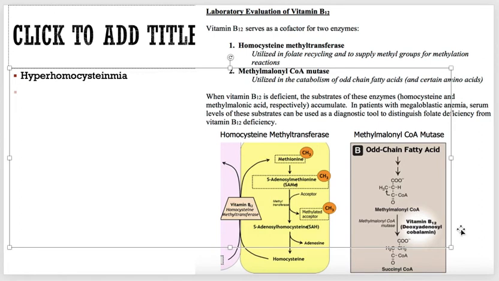So methylmalonyl-CoA is going to build up in the body, and because there should be some degradation, and succinyl-CoA is not formed, it will start being converted into methylmalonic acid, which is called MMA. So methylmalonic acid, MMA, will build up.